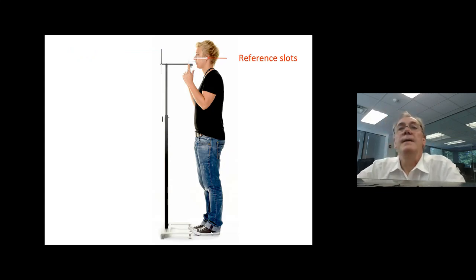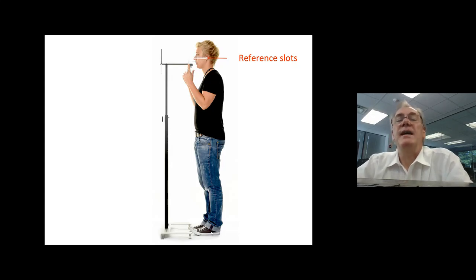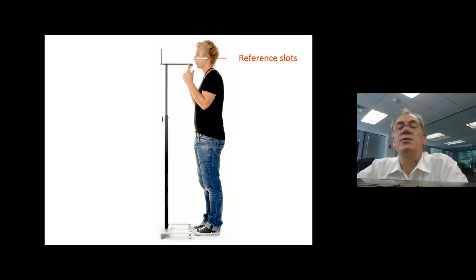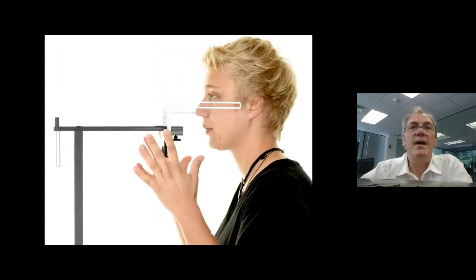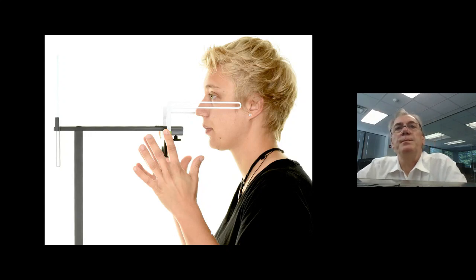These are the basic components of the plane finder, and their specific purpose is to determine the natural head position of the patient. So the patient, by looking directly into the mirror, into the horizon, is able to focus and create an ideal posture of the body itself and the head.